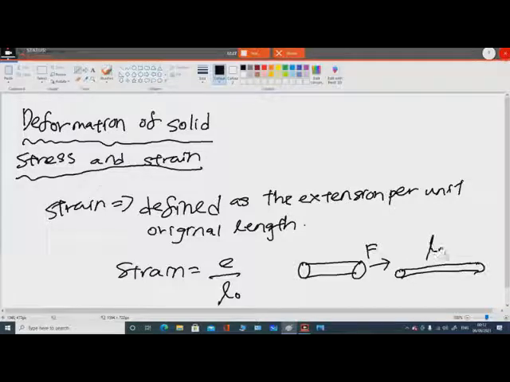So this is L1, L2. So L2 basically is longer than L1. So this is how strain works, by saying that extension depends on the original length. Okay, so let me erase this one.